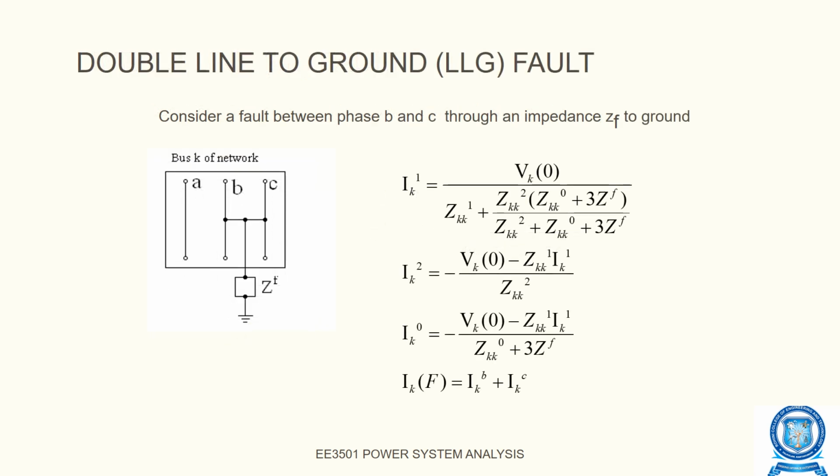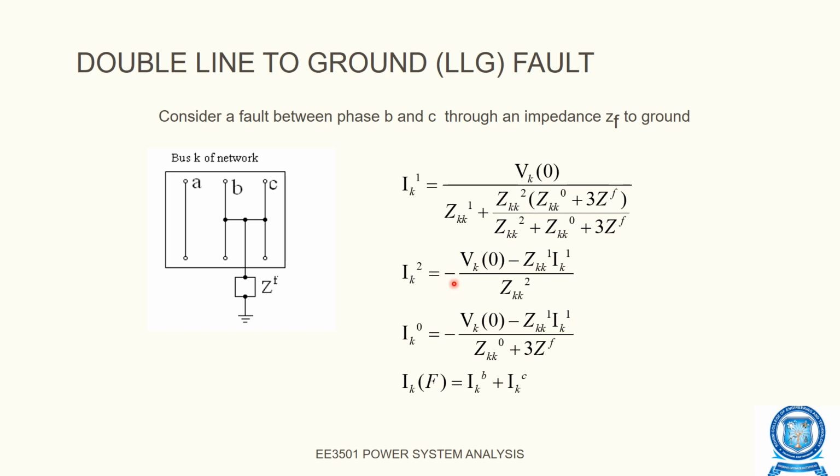That one is double line to ground fault. Similarly, here the fault is considered to occur between BC to ground. And so here IK1 is equal to VK of 0 divided by ZK1 plus ZK2 into ZK0 plus 3 ZF divided by ZK2 plus ZK0 plus 3 ZF.